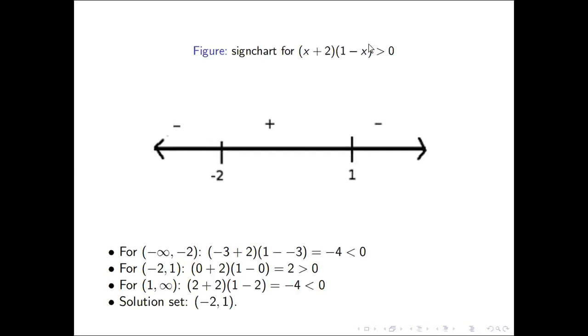It says here it must be strictly positive. So the solution set is the open interval negative 2, 1. Always write your answer in solution set form, not set notation form, okay? Or set notation.